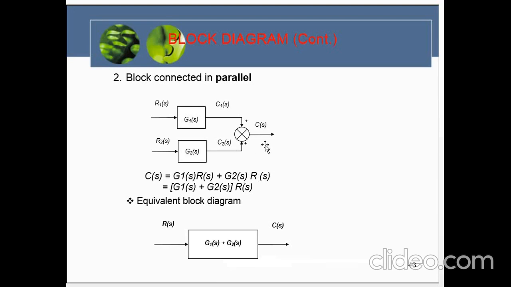At the end we simplify and get that C(s) is equal to the bracket G1(s) plus G2(s), close bracket, times R(s), and this is the simple block diagram.